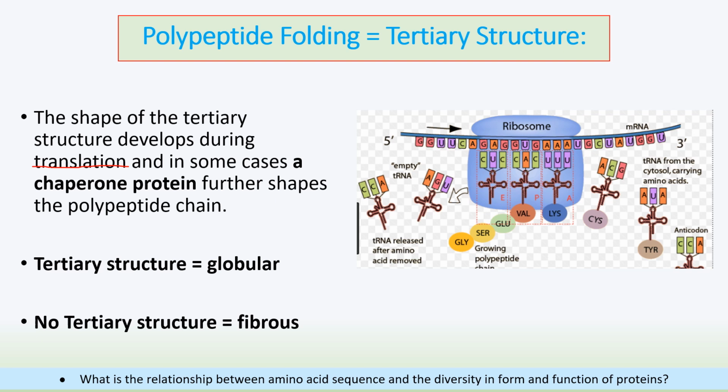So proteins will have a very specific shape, and the chaperone protein does that folding, causes that conformation shape, and basically the chaperone protein makes it the right shape. Now, not all proteins effectively have a tertiary structure. If you are what we call a globular protein, that means you are highly shaped, you've got a tertiary structure, whereas fibrous ones do not.